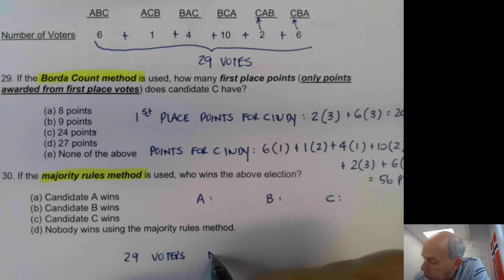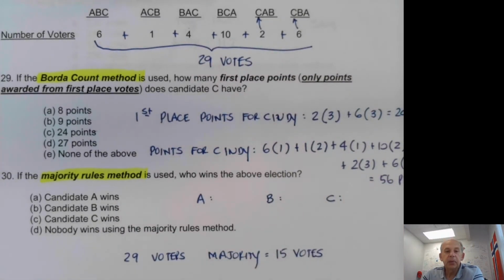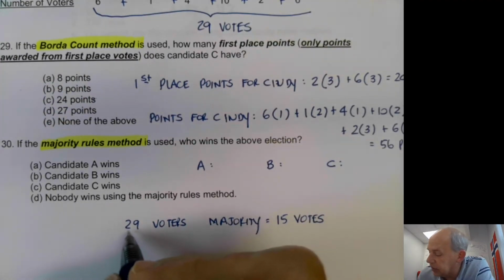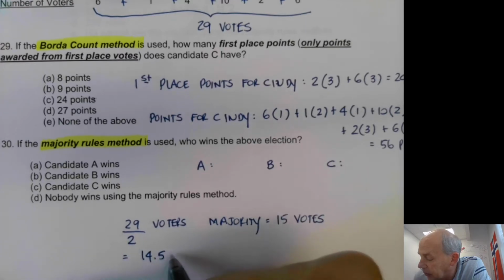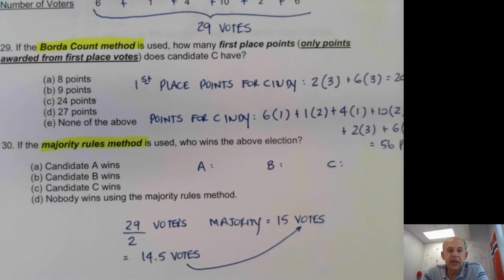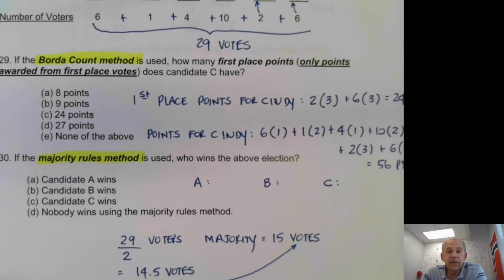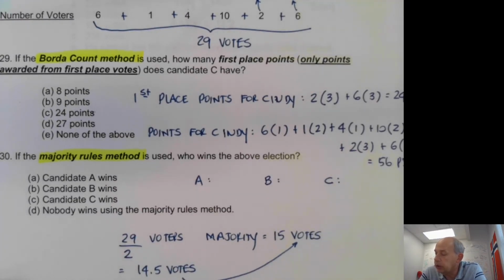I need a majority. So my majority would be 15 votes. And people always ask, how did you get 15? I'm going to divide that by 2 and come up with 14.5 votes. I round that up to 15. So if a candidate gets 15 first place votes, they can win the contest using majority rules.